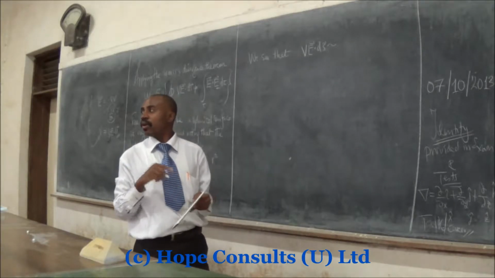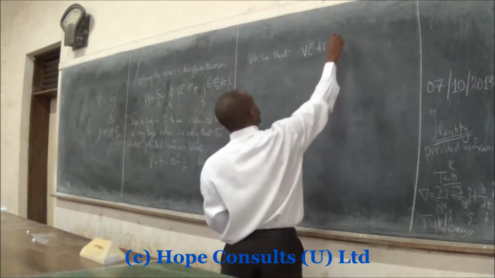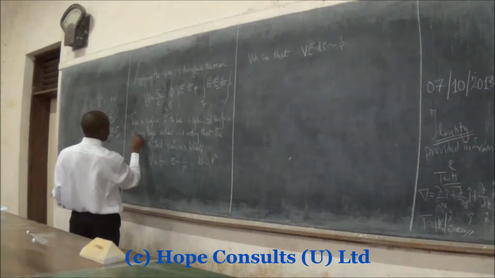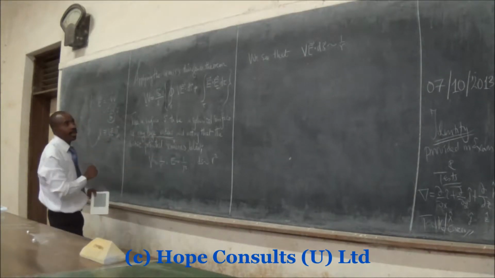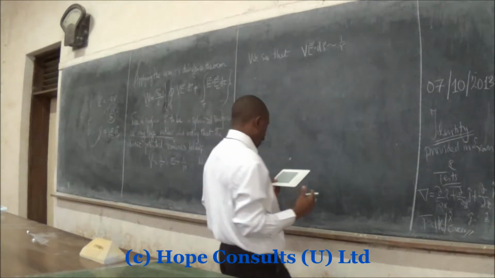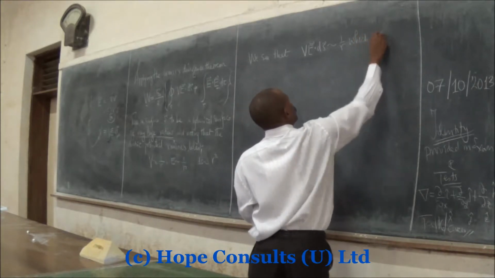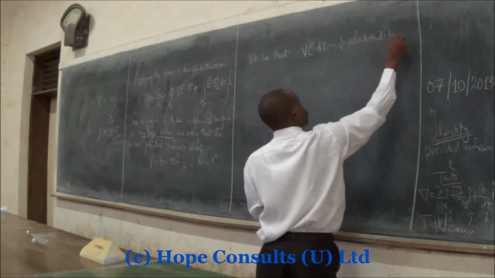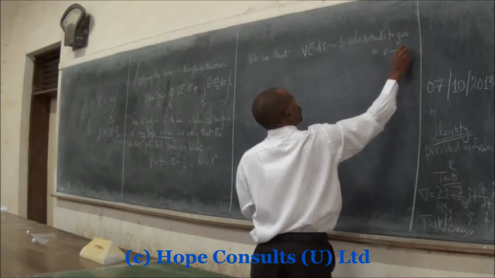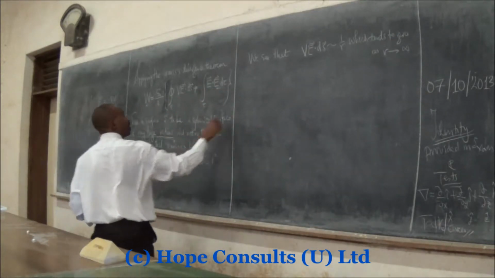R squared is gone, and we have this whole product varying as 1 over R. If we take a very large radius sphere, a spherical surface, this tends to 0 as the radius of the spherical surface becomes huge and huge.